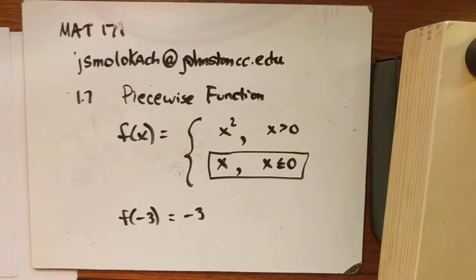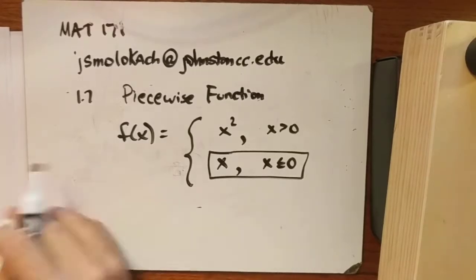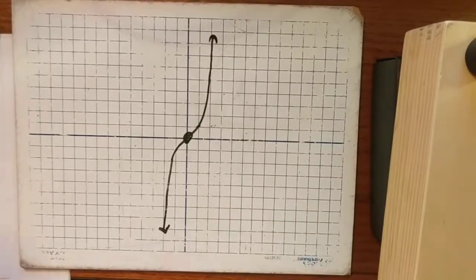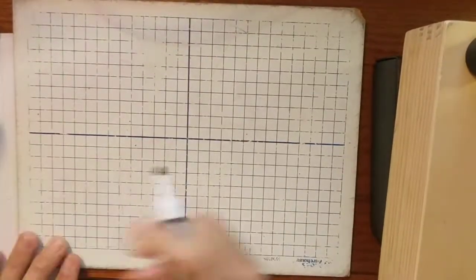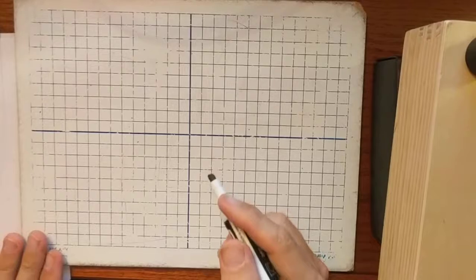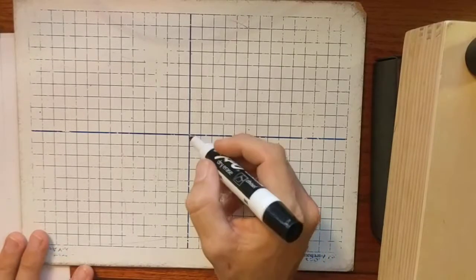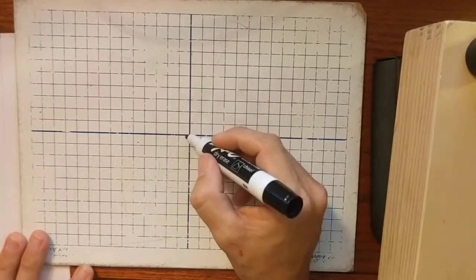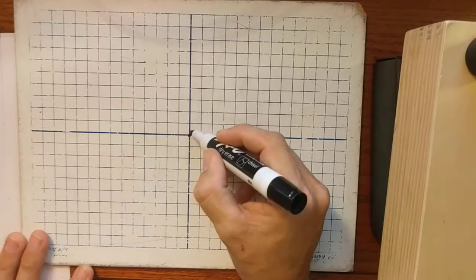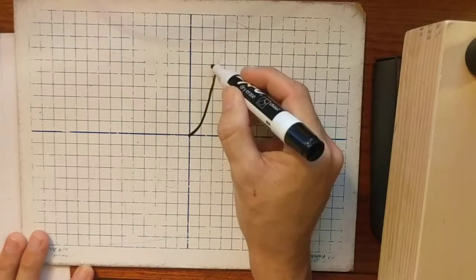You can graph a piecewise function. In fact, I'm going to graph this on the back here, so we'll get rid of our x cubed graph. When x is squared, you remember earlier in the video, the standard parabola looks like this, right?